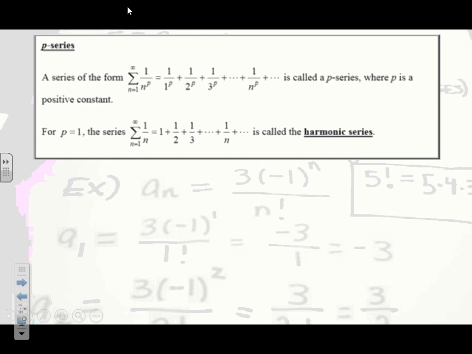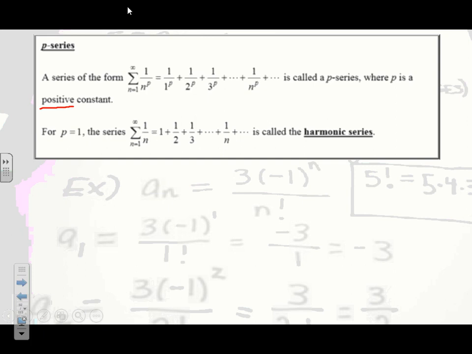So it could be 1 over n, 1 over n squared, 1 over n cubed, 1 over n to the 1/2, 1 over n to the 21/5. So it's 1 over n raised to some exponent. Now the only other thing that has to happen here is that p must be positive. So p is some positive constant.